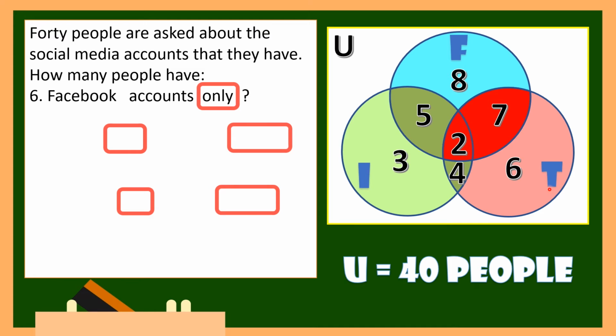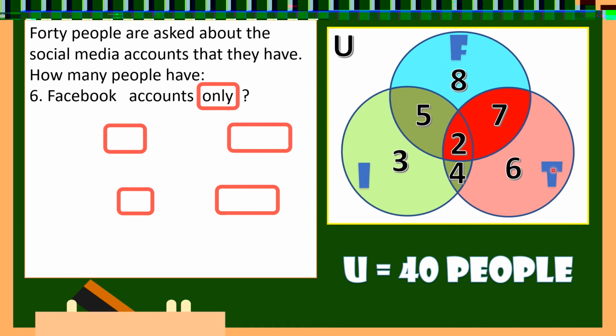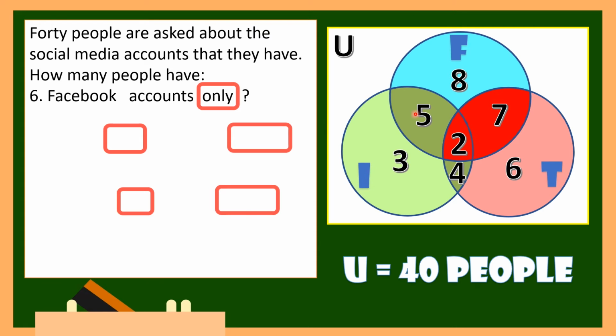So, unang-una, ito yung ating set ni Facebook. So, itong circle na to. So, as you can notice, may overlapping dito kay Instagram at kay Twitter, which is 5 for Instagram, 2 and 7 for Twitter. So, isasama pa ba natin yung 5, 2, and 7?